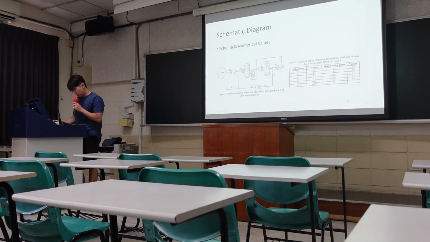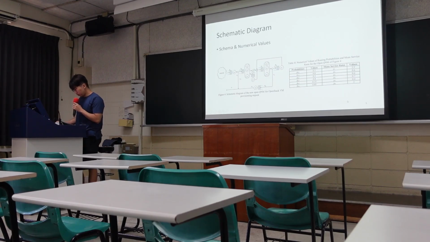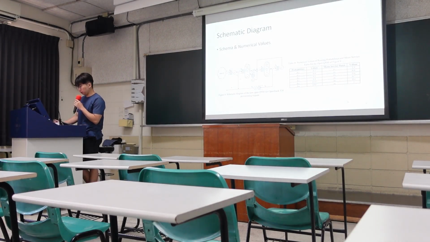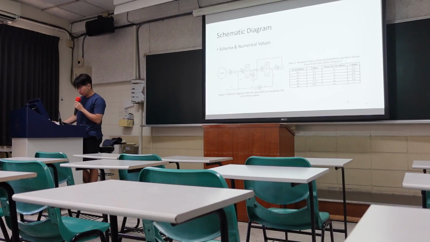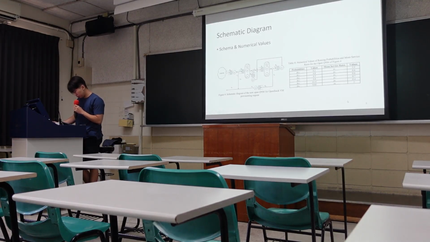Here we can spot an error in the original paper. The station 2 to station 3 is 0.3, and station 2 to station 4 is 0.8. It should be equal to 1, but the values add up to 1.1.